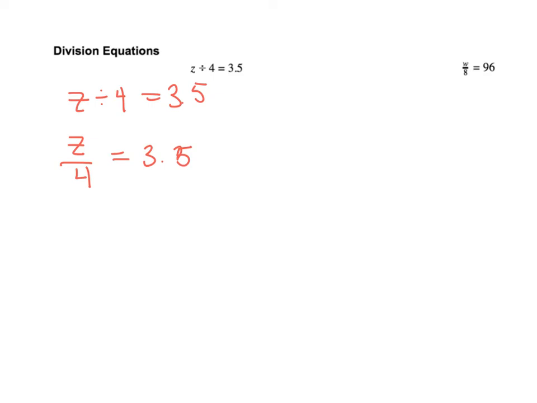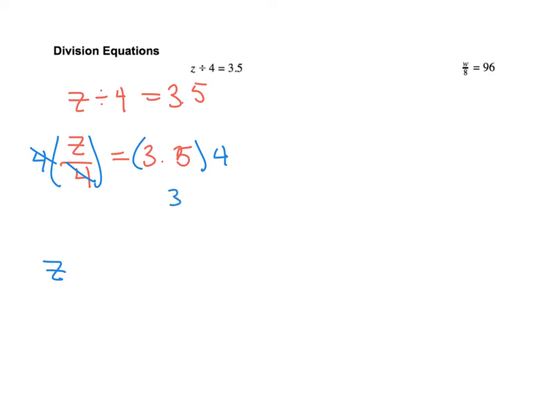So to solve, I'm going to work the opposite direction. I'm going to multiply by 4. So 4 times z, and then divided by 4, is going to leave me with just plain old z. If I do that, then I have to also do the same thing to the other side and multiply the other side by 4.